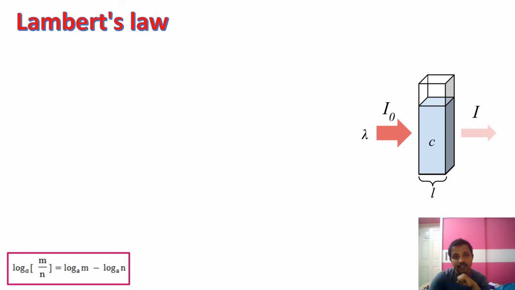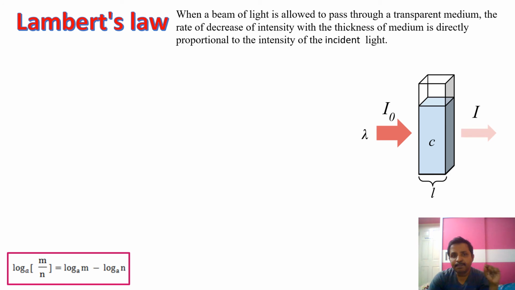Lambert's law. Lambert's law is a very important topic with respect to your semester exams. Okay, according to Lambert's law, when a beam of light is allowed to pass through a transparent medium, the rate of decrease of intensity with the thickness of the medium is directly proportional to the intensity of incident light.